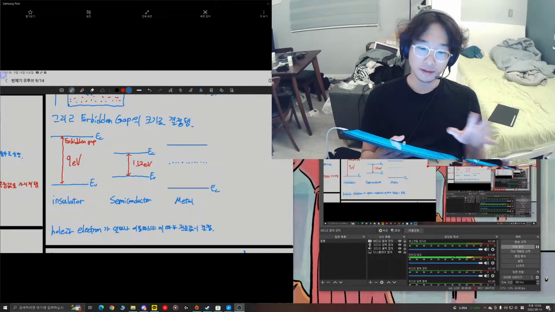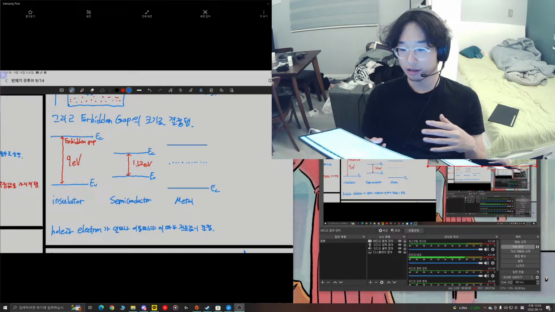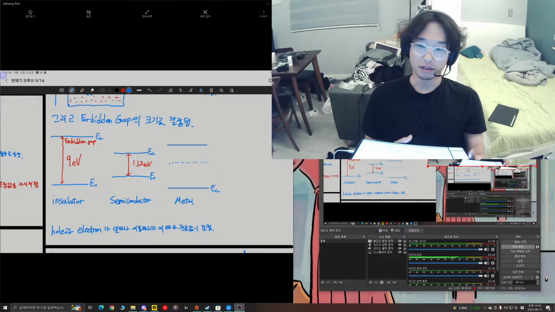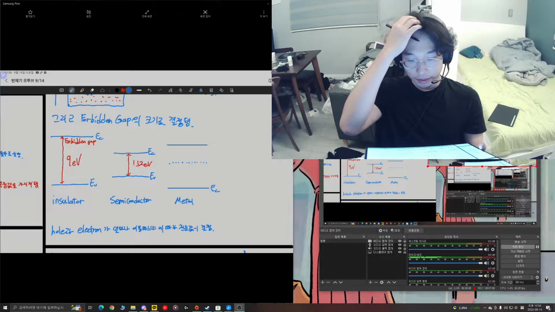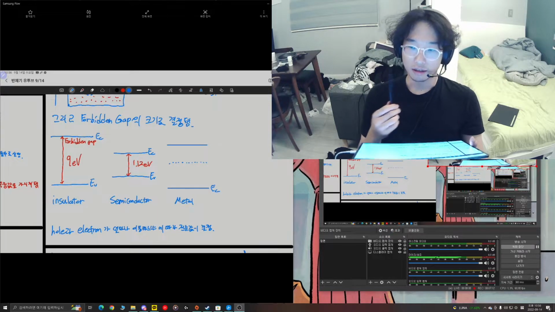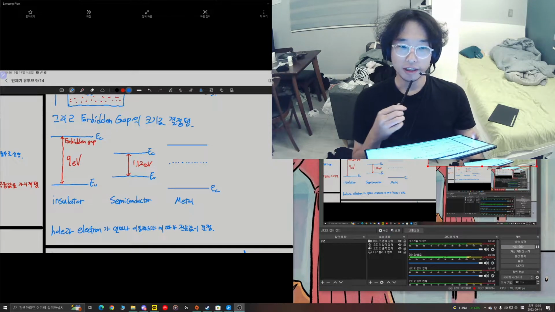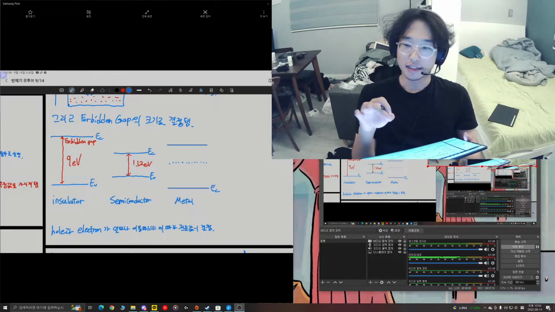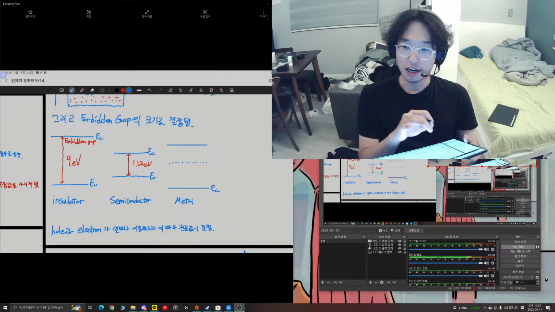This is how insulators, semiconductors, and metals are distinguished: their forbidden gap size decides which one it is.